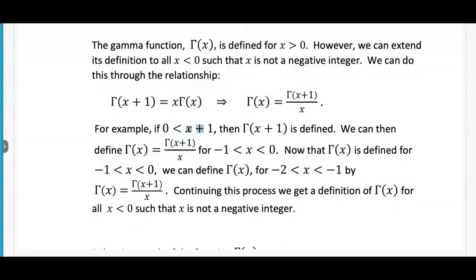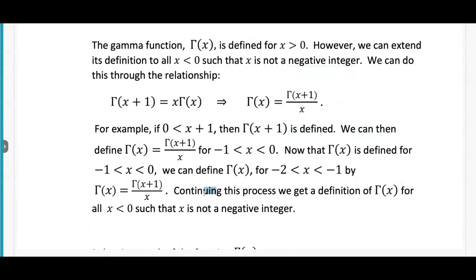So for example, if x plus 1 is positive, then gamma of x plus 1 is defined. We can then define gamma of x equals gamma of x plus 1 divided by x for the interval from -1 to 0. We can keep going from -1 to -2.